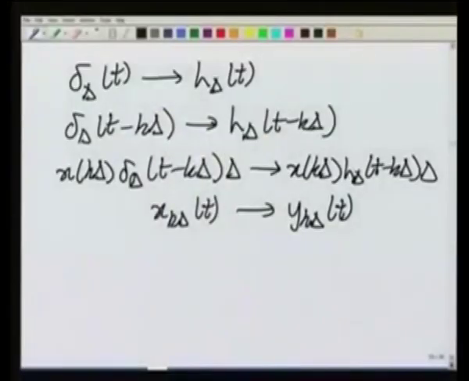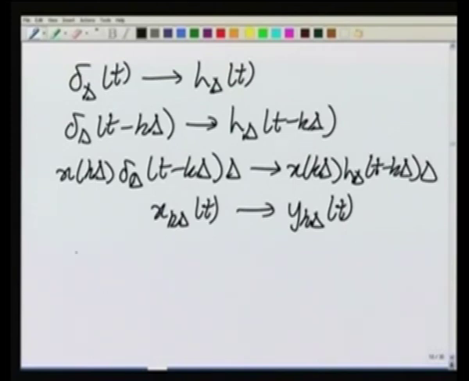Then the corresponding output by the homogeneity property of a linear time invariant system must be x(kΔ) h_Δ(t − kΔ) times Δ. So, both the scale factors have appeared in the output, namely x(kΔ) and Δ. This together has given us an expression for y_kΔ(t), as we have just written in the last line.